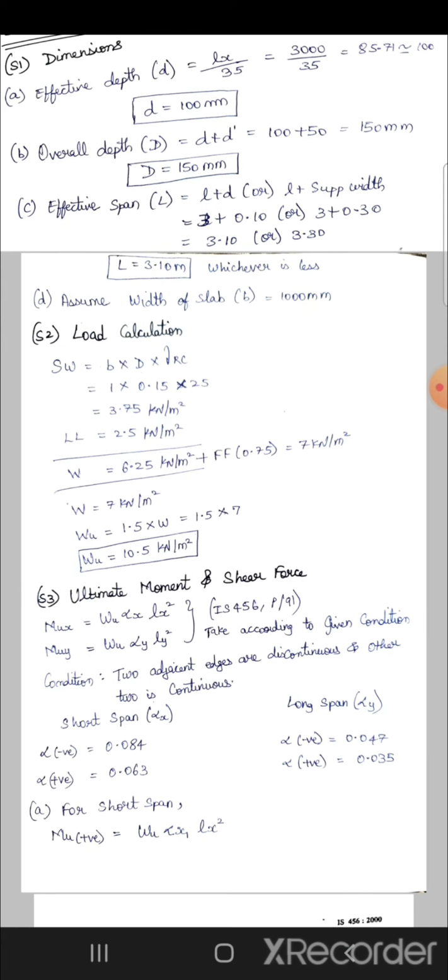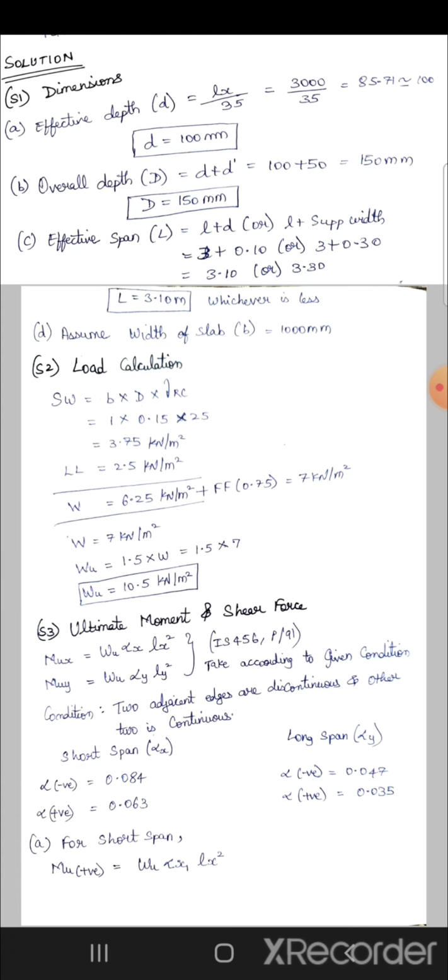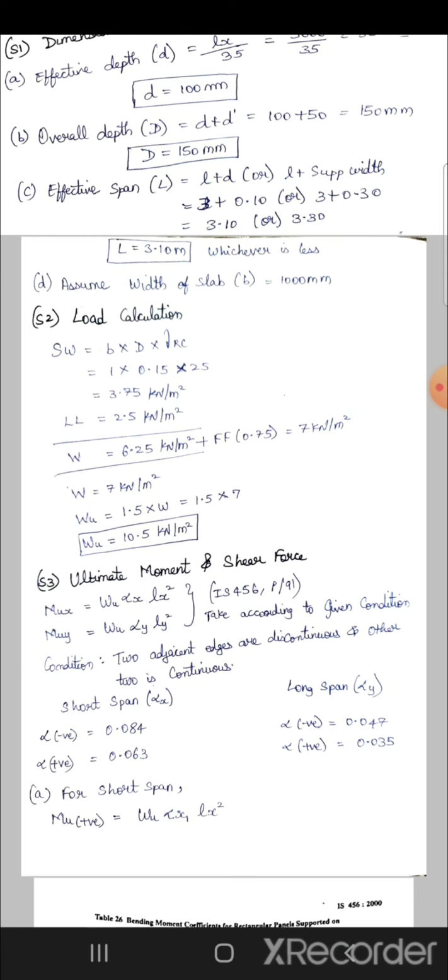Next is effective span. Formula is L plus effective depth or L plus support width. Whichever answer is lesser, we take it as effective span. So 3.10 is less. So this is the effective span answer.